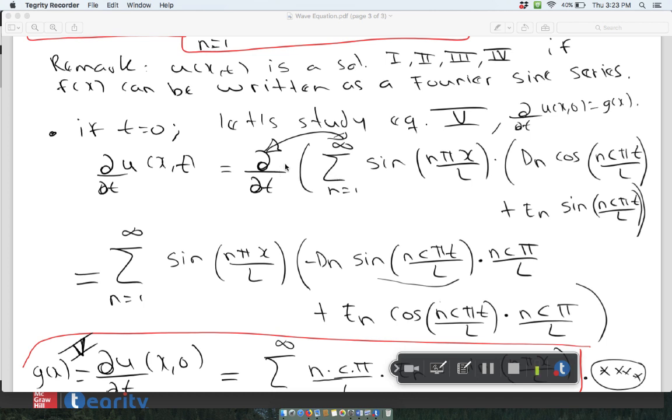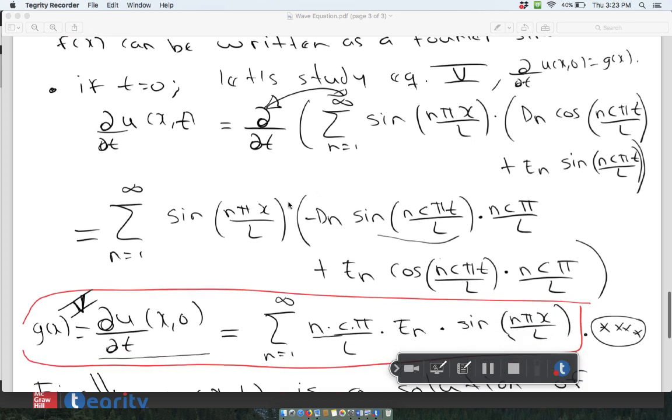If we interchange the sum with the derivative with respect to time, then I find the partial derivative with respect to time of all these terms. This one doesn't have time, so it stays constant.